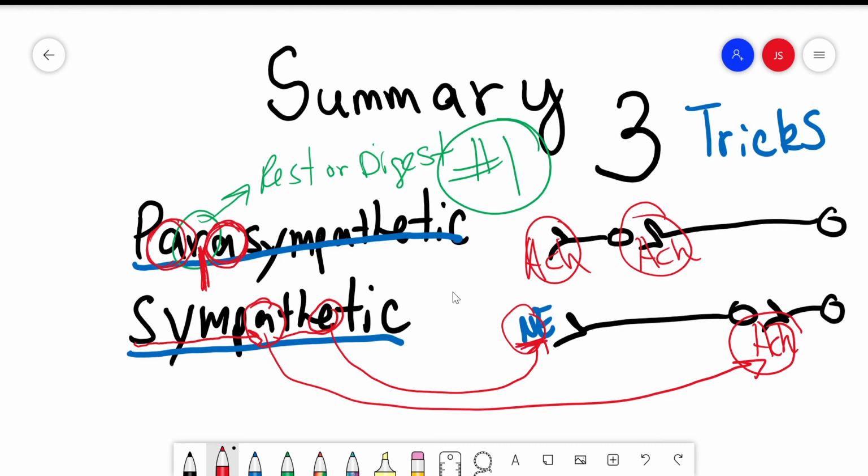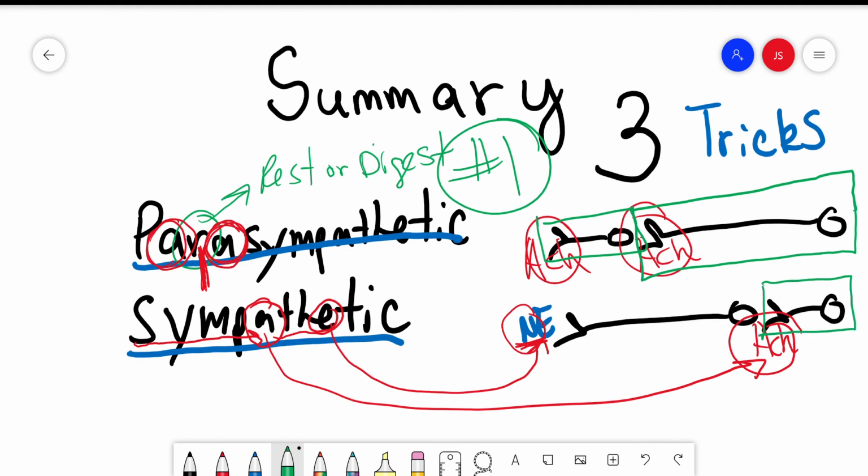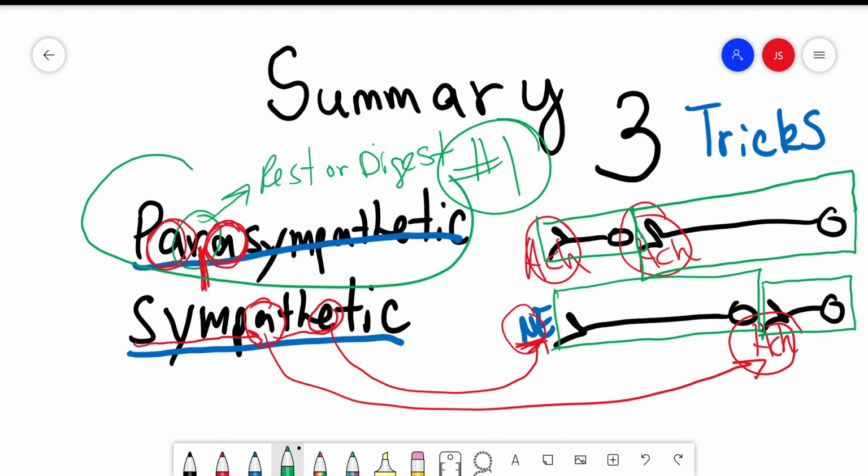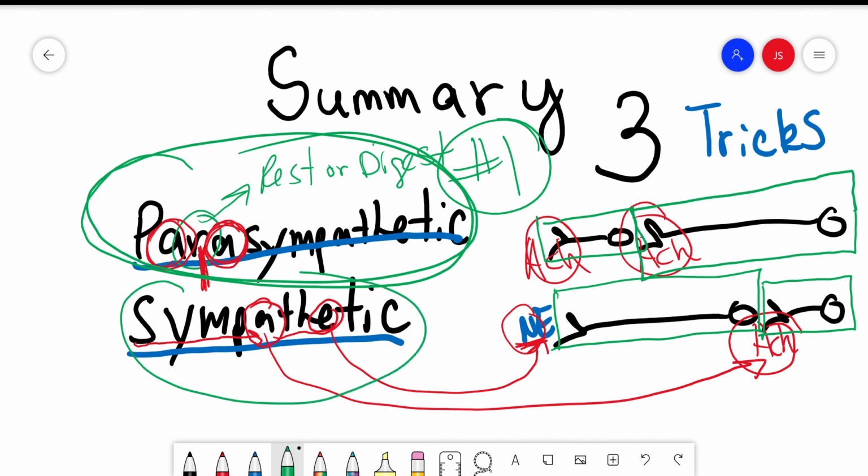And finally, how can we remember that in the parasympathetic nervous system, the fiber that's preganglionic is longer first and then shorter, but the fiber in the sympathetic nervous system, the preganglionic fiber, is shorter first and then longer. The postganglionic fiber is longer. Well, the word parasympathetic itself is longer than the word sympathetic.